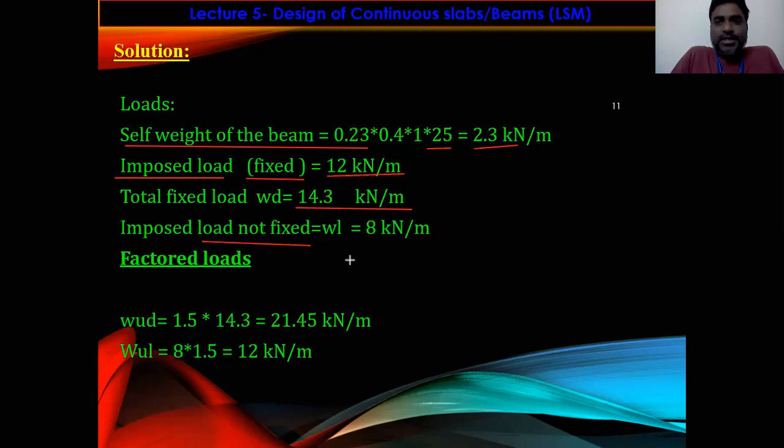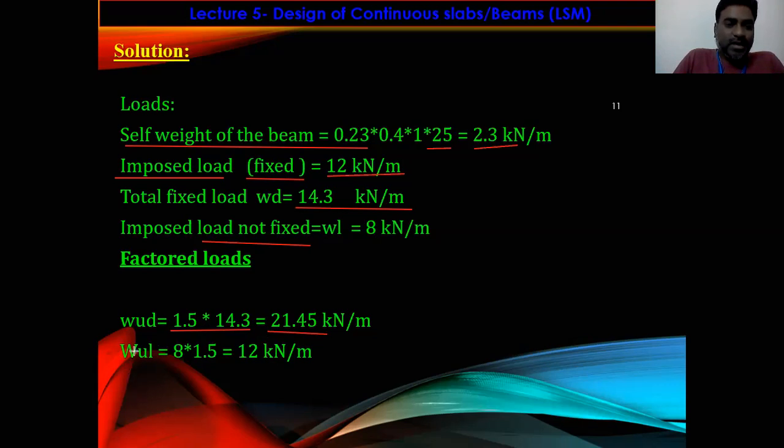You need to determine the factored load. The factored load should be considered by applying the partial safety factor for loads, right? As per IS 456-2000, the partial safety factor for the live load and dead load combination is 1.5. So for the fixed load WUD, the partial safety factor is 1.5 into 14.3, we will get 21.45 kilonewton per meter.